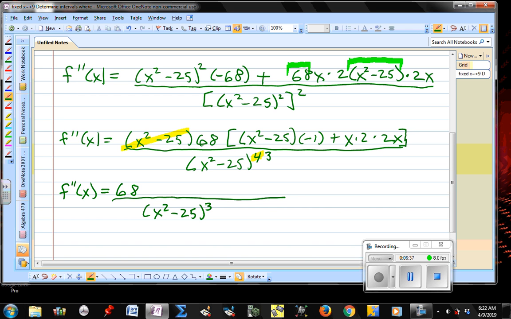And let's see what we can do with this inside. If we distribute this negative 1, we're going to get minus x squared plus 25. And we've got x times 2, which is 2x, times 2x, so plus 4x squared. We've got some like terms: minus x squared plus 4x squared is 3x squared.